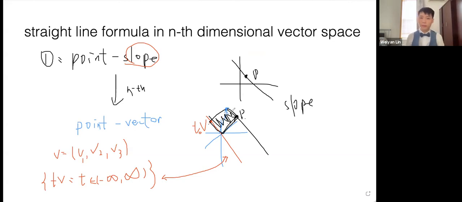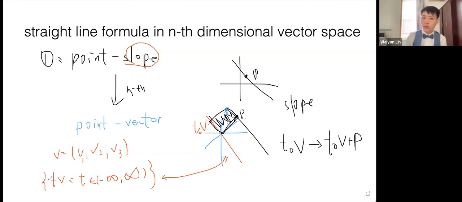So by adding the vector p, we match the point on the red line to a point on the actual line that we try to interpret.